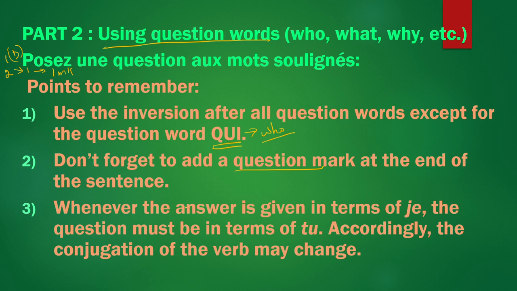So whenever you're given an answer in terms of je, which is I, your question has to be in terms of tu. When you're giving an answer in terms of I, your question cannot be in terms of I. Your question has to be in terms of tu. Now you know je and tu don't necessarily conjugate the same way. So the conjugation of the verb may change, and this is something you need to be careful about. So these 3 rules, keep in mind.